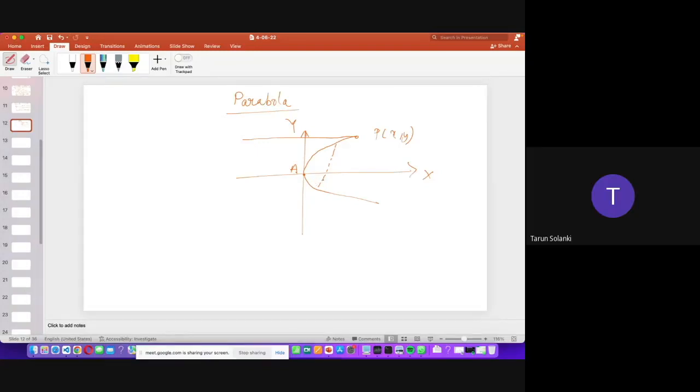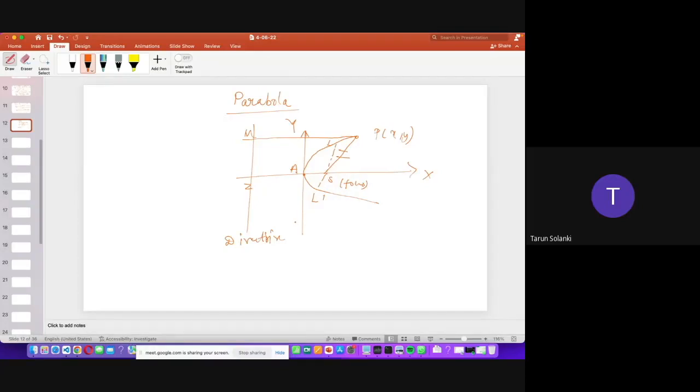Here some point S is given, which is your focus. Suppose these points are L and L dash, here M and point Z, and here the directrix.